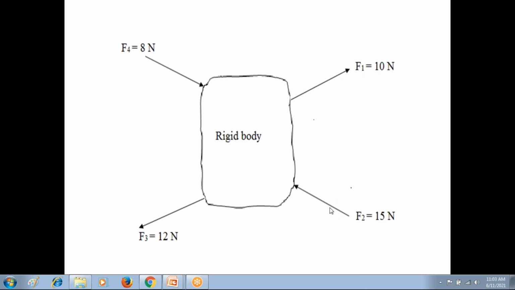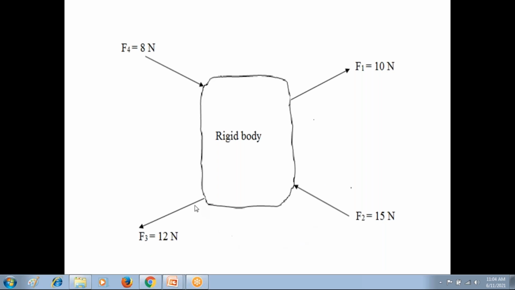The force F2 towards the rigid body has the magnitude of 15 newtons. And the force F3, this is the point of application. The direction of force F3 is away from the rigid body, and the force F3 magnitude is 12 newtons. Similarly, force F4. Like that, sometimes the rigid body is subjected to several forces.